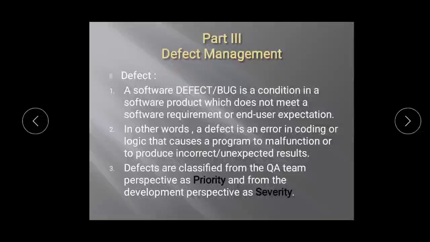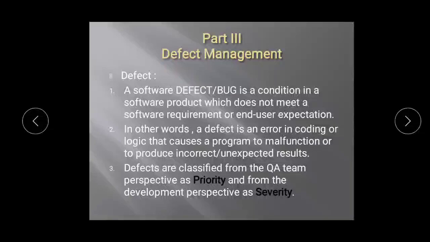In other words, a defect is a problem in coding logic, in how you maintain the code. In that coding logic, you have a problem that is not giving the proper expected output, and the program malfunctions, meaning some wrong input is given and some wrong output comes out.